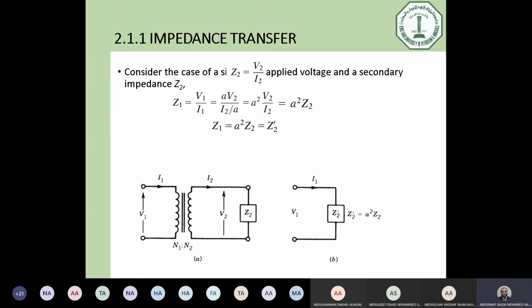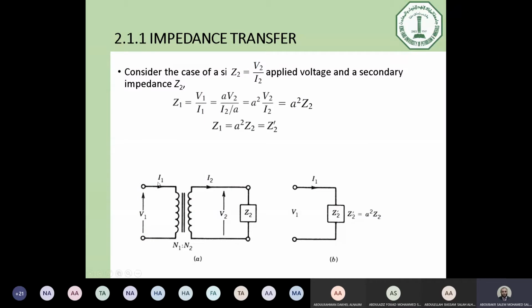Simply we can calculate using the current and voltages. Here, Z2 can be calculated as V2 divided by I2. And the impedance seen from the supply equals V1 divided by I1.